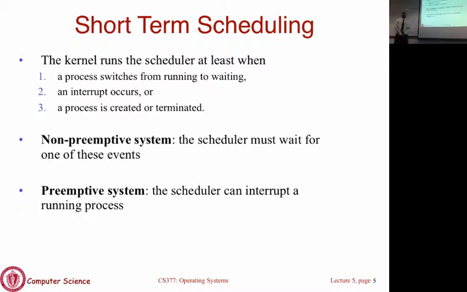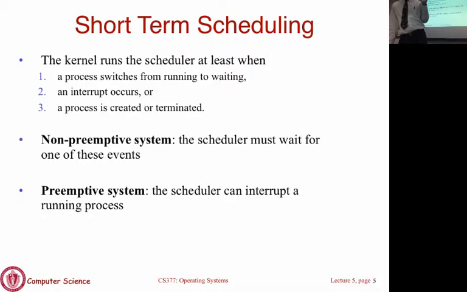In a preemptive system, on the other hand, the scheduler or the OS kernel is allowed to preempt processes. It is allowed to interrupt processes by itself, even if none of those things have happened. This is basically what is going to be used to do fine time scheduling, as we will see. In addition to those three things, in a preemptive system, a timer may go off and say, this process has run for its time slice, let's run something else.